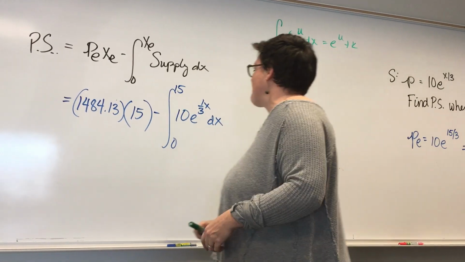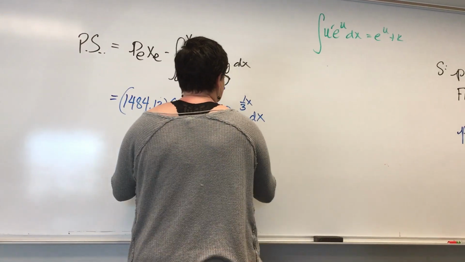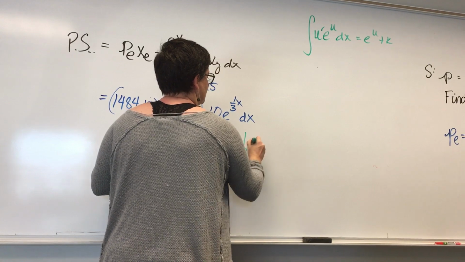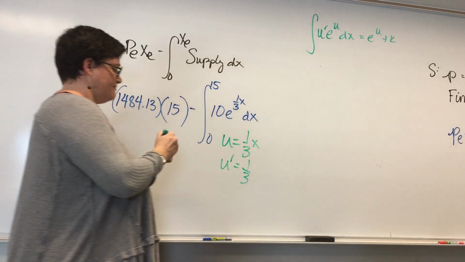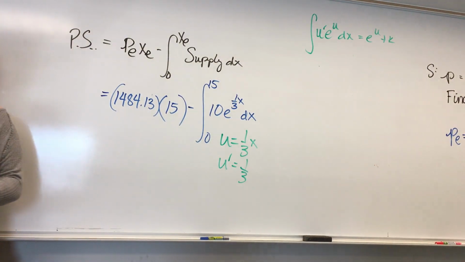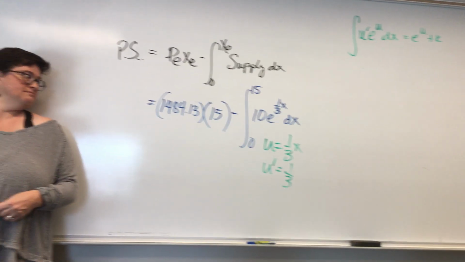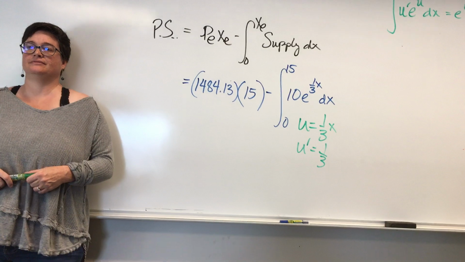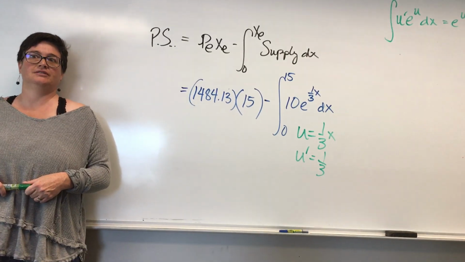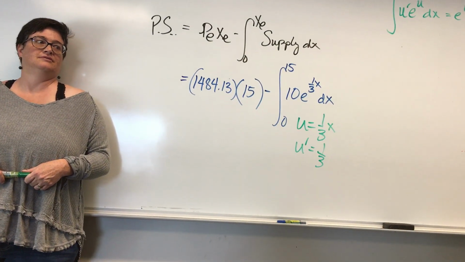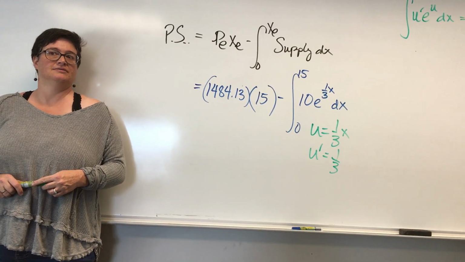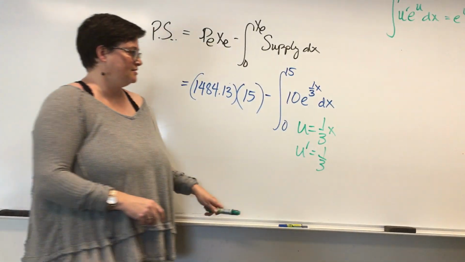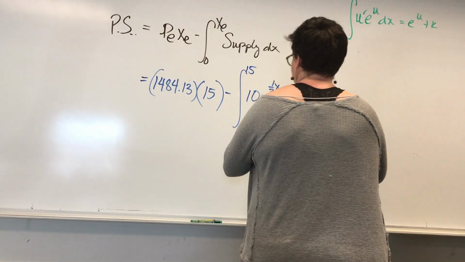So what's our u? 1/3 x. What's our u prime? What do we have? 10. What do we want? 1/3. So what are we going to multiply and divide by? 3. Yes, 3. Okay.